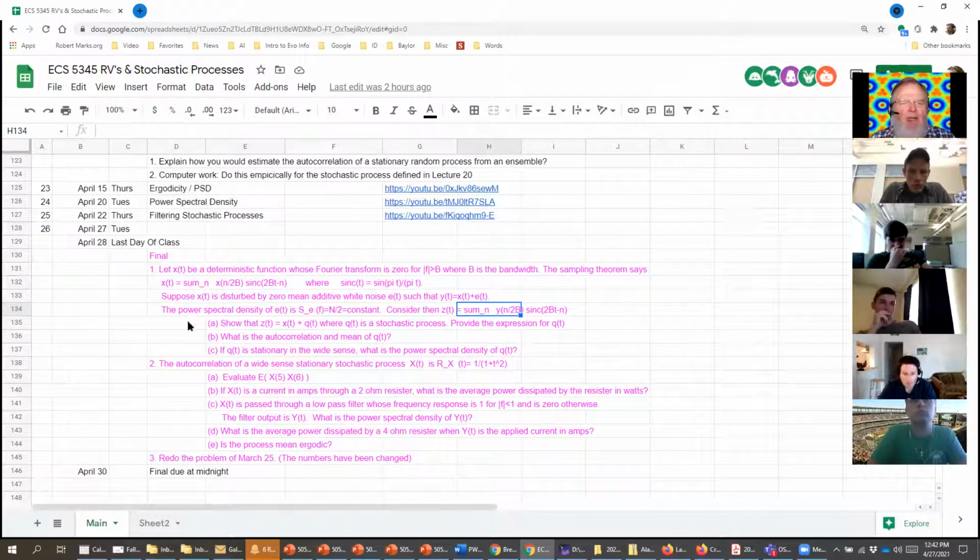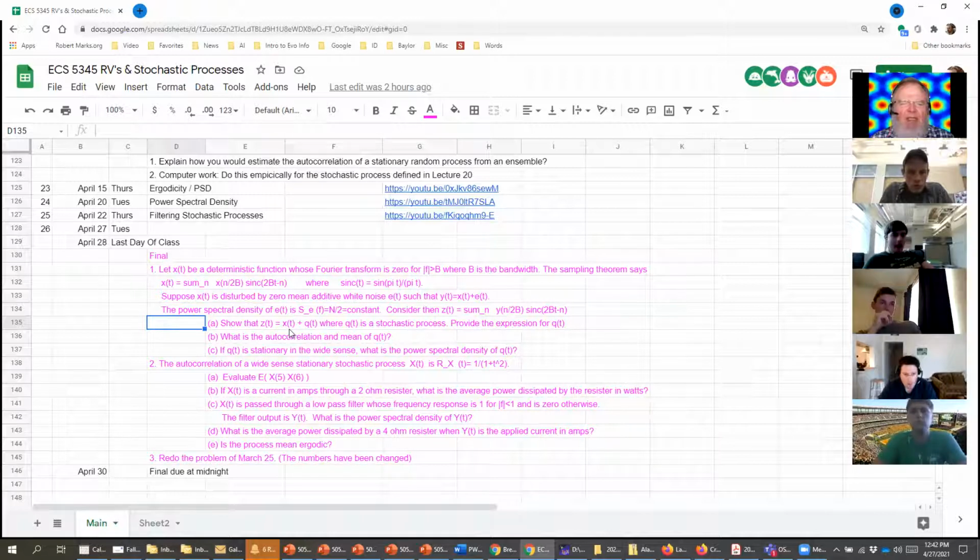And then the first thing I'd like you to show, which I think is pretty simple, is that Z of t is equal to x of t plus q of t. X of t is the original noiseless signal, and q of t is a stochastic process. I want you to provide the expression for q of t. This is just a couple lines, not a big deal.